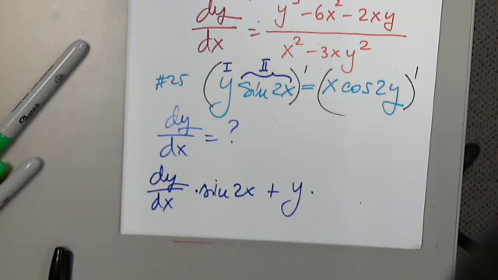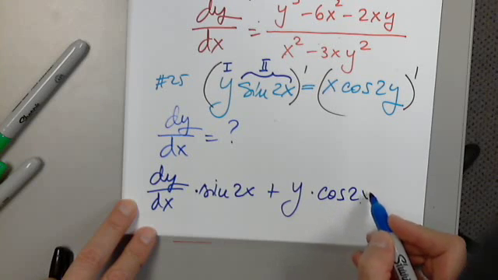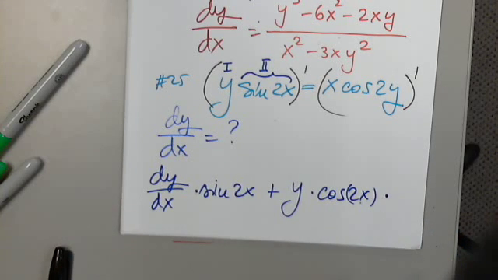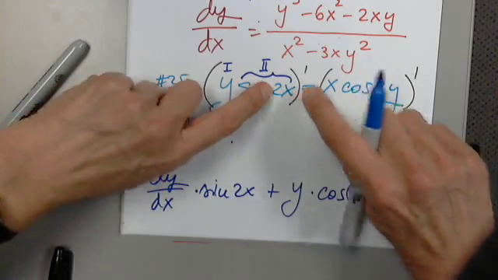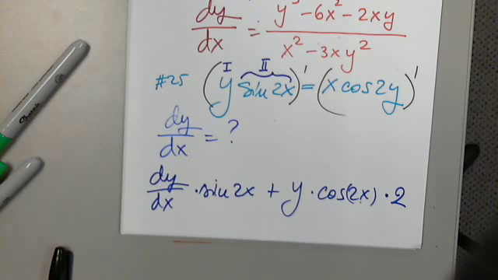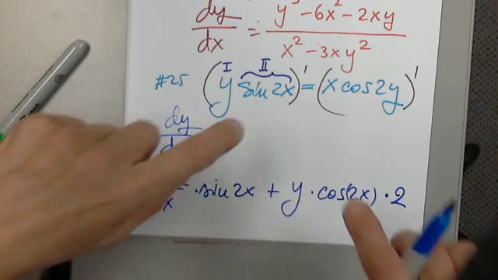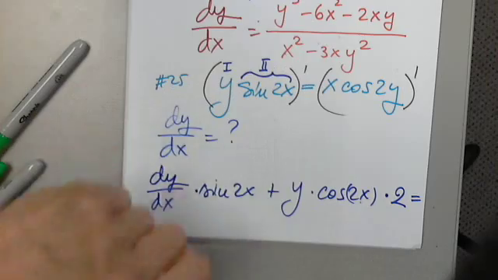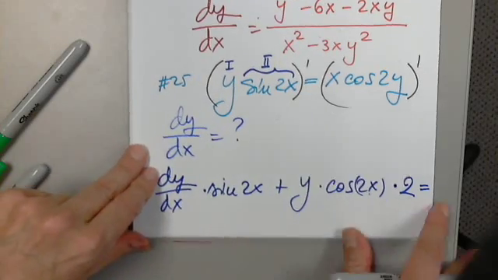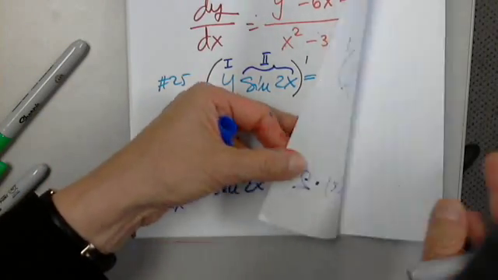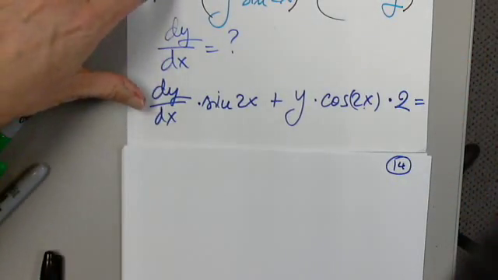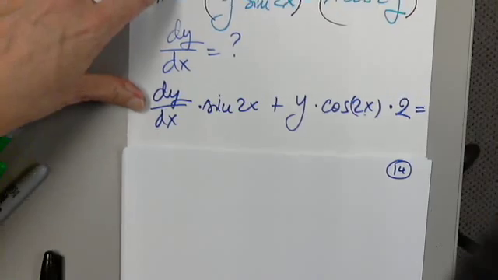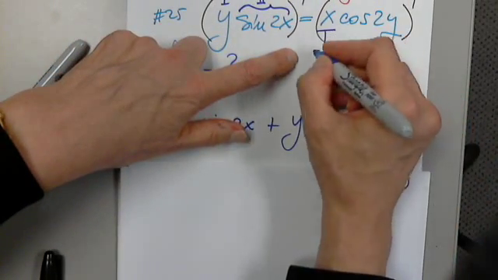There is cosine 2x times the inner function prime. The inner function prime is 2. I reach the equal symbol. I'm not going to write this this low because when I scan, it gets cut off. So now, this is another product rule.